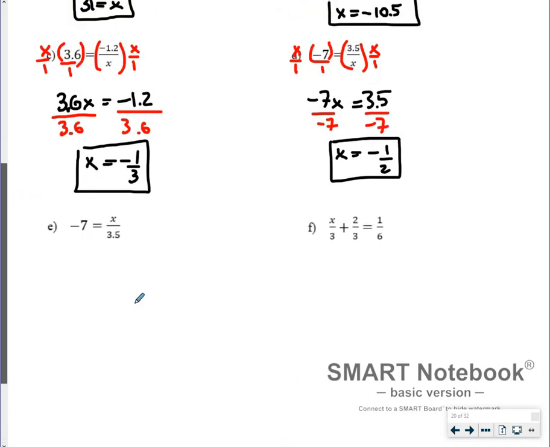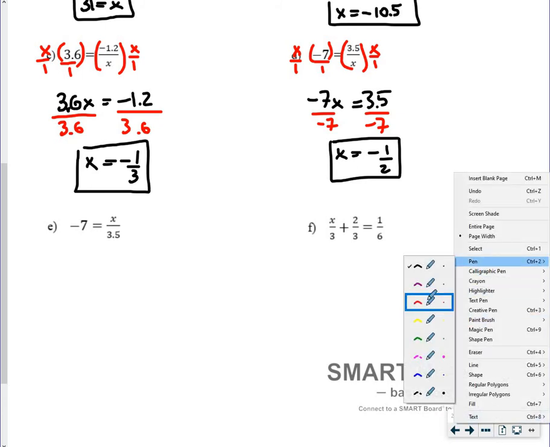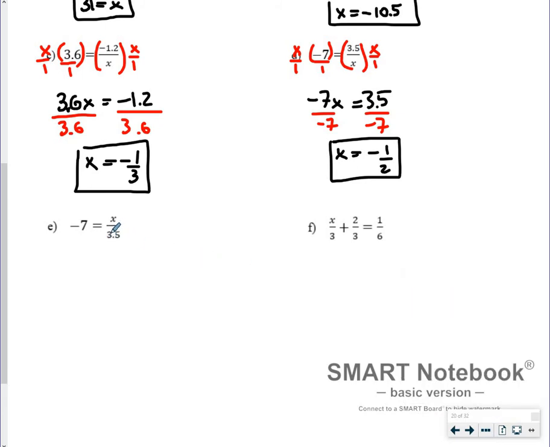Similar numbers, but slightly different problem here. This one, the variable is already in the numerator, so we do not need to multiply both sides by the variable. The only thing we need to do is get rid of this 3.5 in the denominator. So in order to do that, we do the opposite of dividing by 3.5, which is multiplying by 3.5.